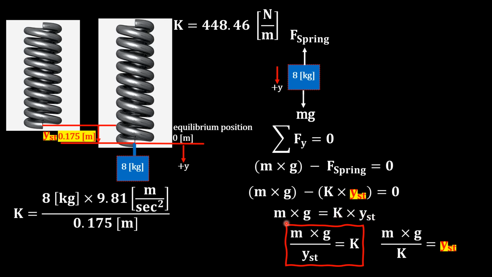So we can move k to the other side of the equation from multiplication to division, and we will get this equation. So y stretch, this is the relationship that relates how much a spring is being stretched for a given mass and a given spring stiffness.